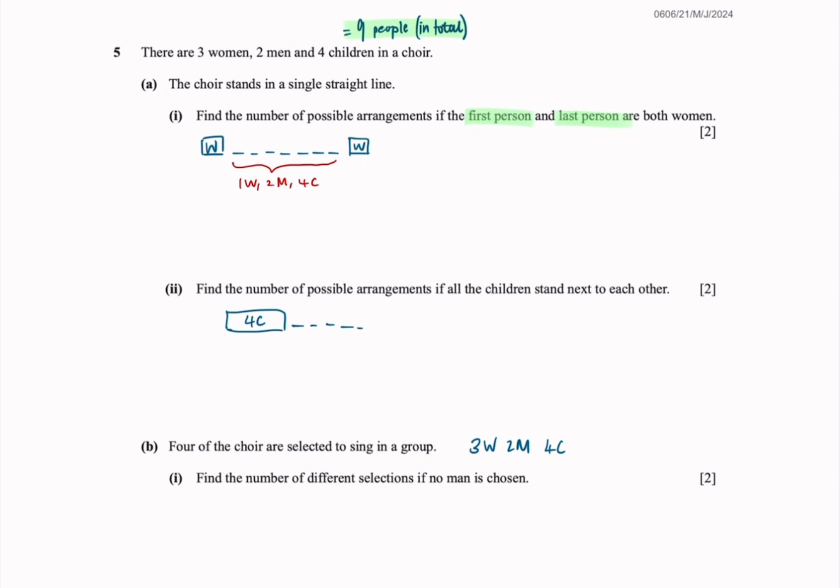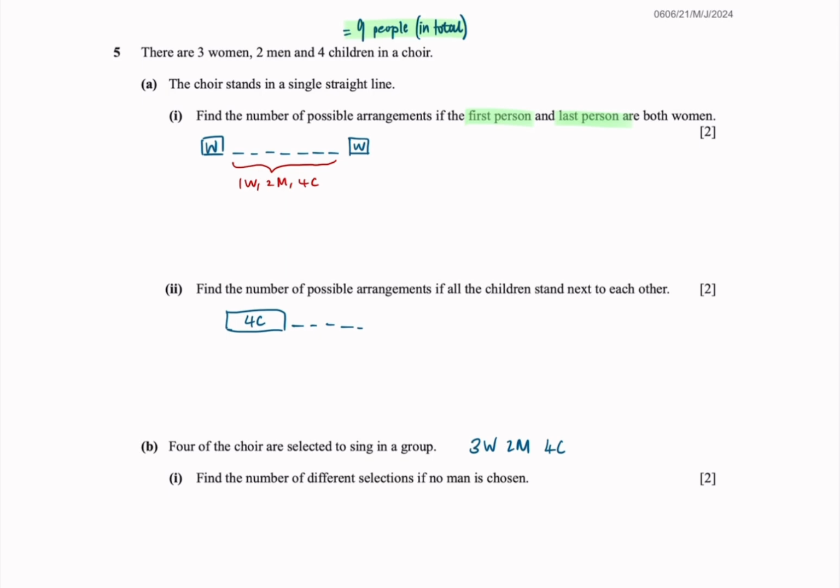So what I did here is that I drew a visual representation of what it would look like. It starts with a woman and it ends with a woman, and there will be 7 people in the middle, which can be woman, man, or children. It doesn't matter. To calculate this, it will be permutation because the order matters.